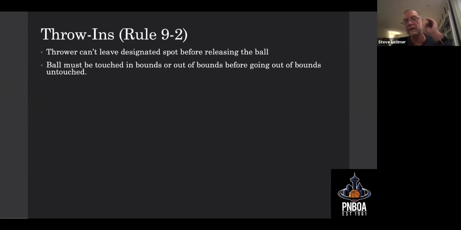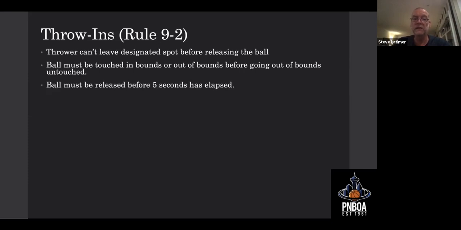But they basically say that for it to be a throw-in violation, once you've released the ball onto the court, if it's touched by somebody, even if that somebody is out of bounds, it's an out of bounds violation as opposed to a throw-in violation, which only comes into play in terms of where you're putting the ball in play. But the ball basically needs to go onto the court.